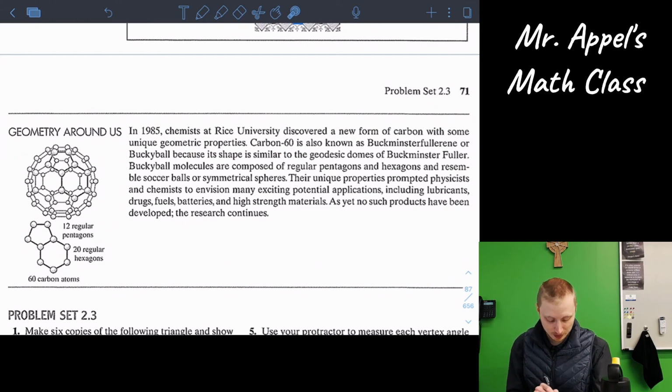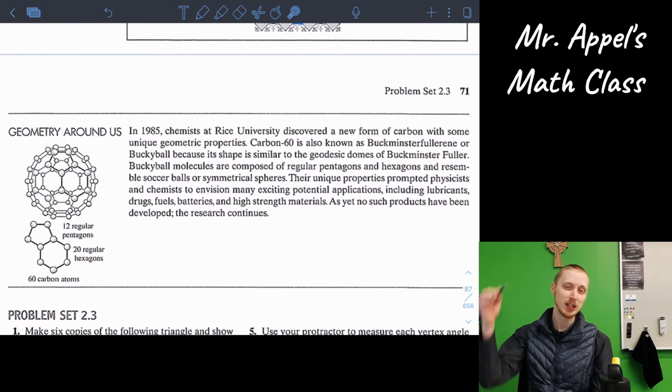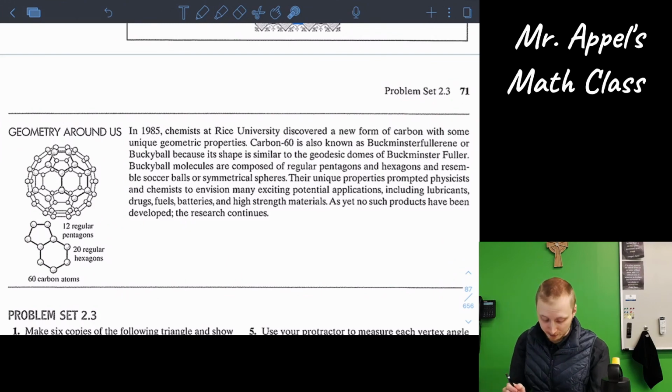That is to say, a molecule composed of 60 carbon atoms, also known as Buckminster fullerene, or Buckyball for short, because its shape is similar to the geodesic domes of Mr. Buckminster Fuller. So he was an architect who made cool buildings that looked like this. Then they found a molecule that looks like that, named it after him.